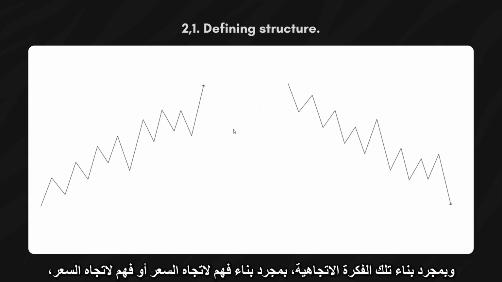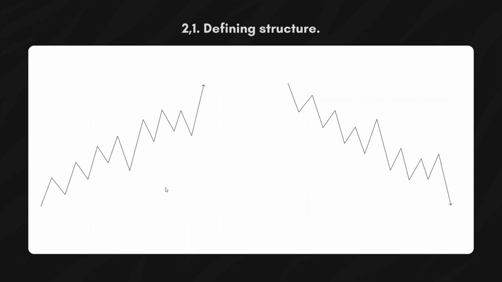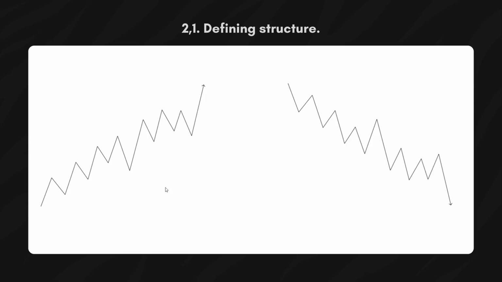And once you've built that directional idea, once you've built a sense of the direction of price or the trend of price, then we're going to combine it with the other concepts and the other pillars that are ahead of us. And then we will use them together to build a directional bias from this directional idea.